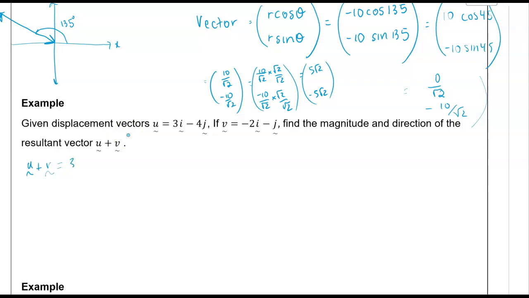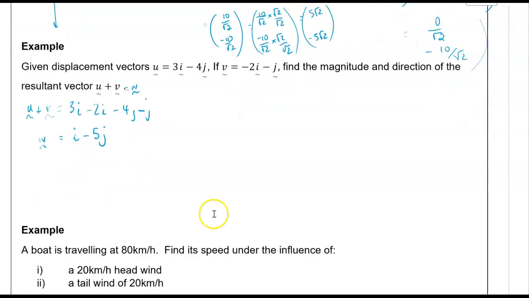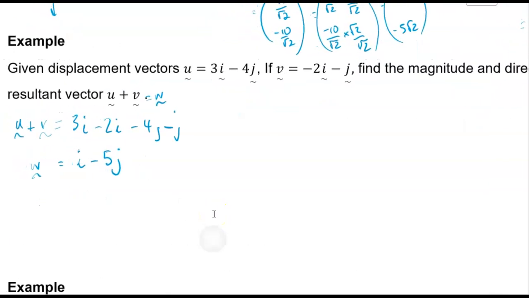We've got 3i minus 2i, and we've got minus 4j minus j, which ends up with, what have we got? 3 minus 2, which is 1i, which is just i, and minus 4, minus another j is minus 5j. That's our resultant vector. Let's call that w.